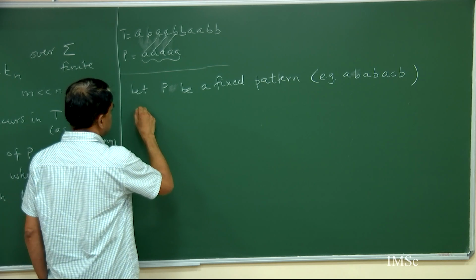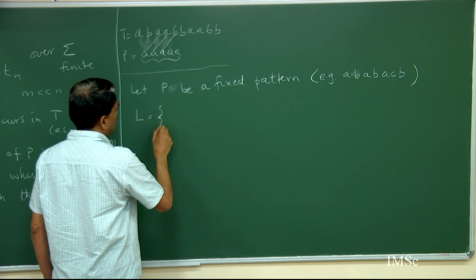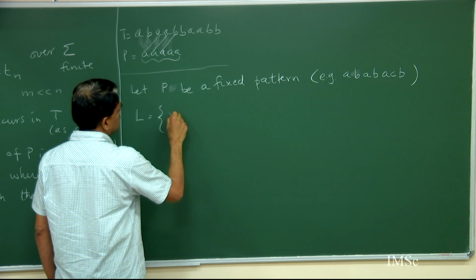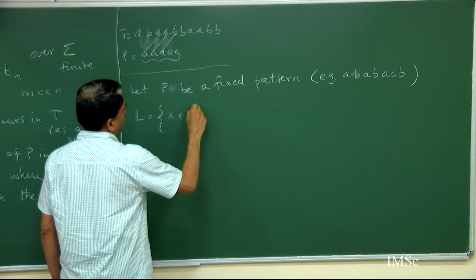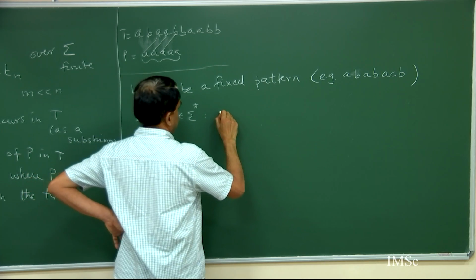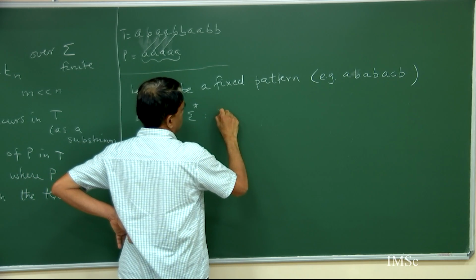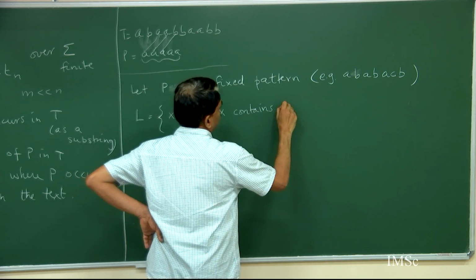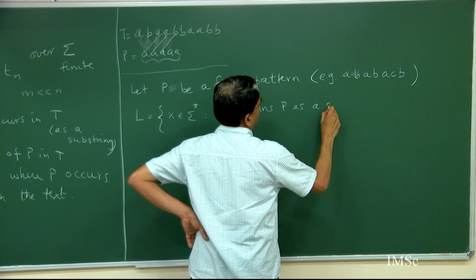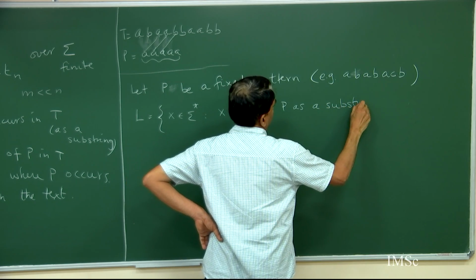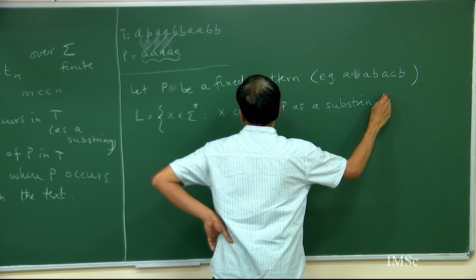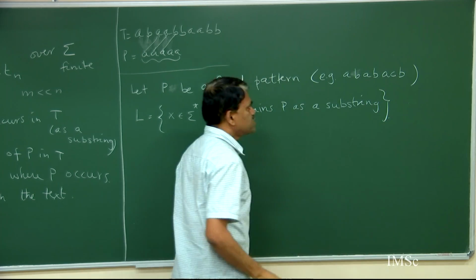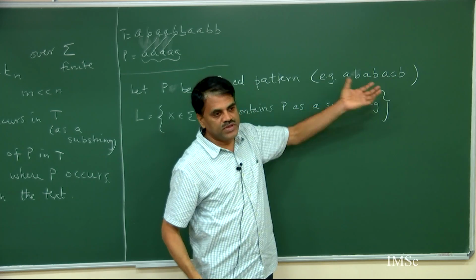And let's define this language L to be all strings X that contain P as a substring. Right. So all strings that contain AB, AB, AB, AC, B as a substring.